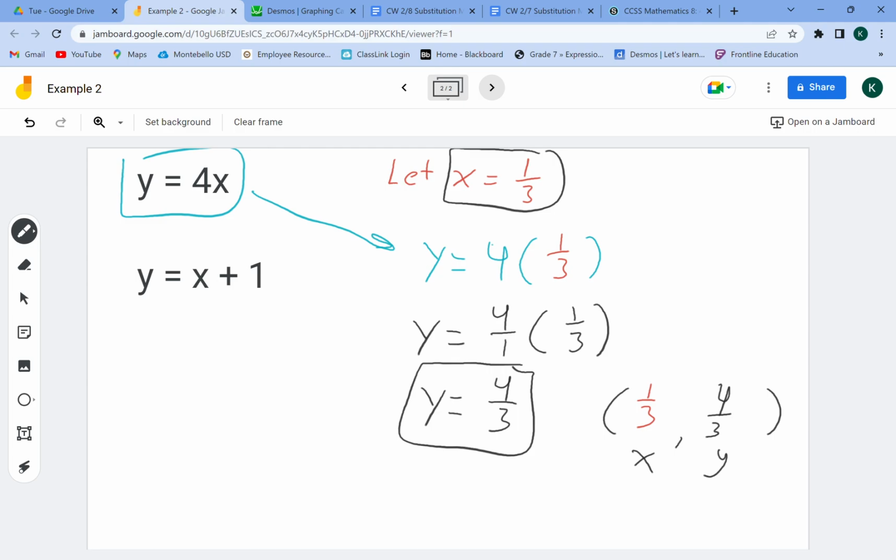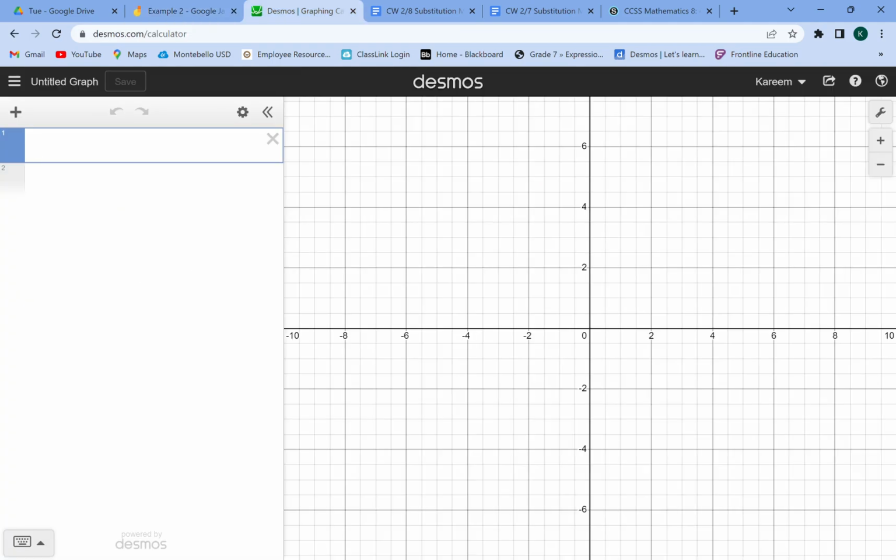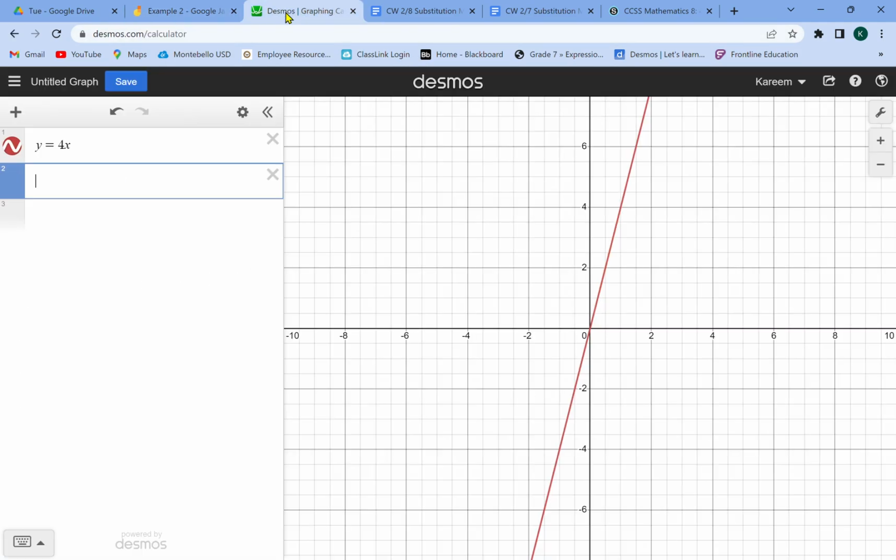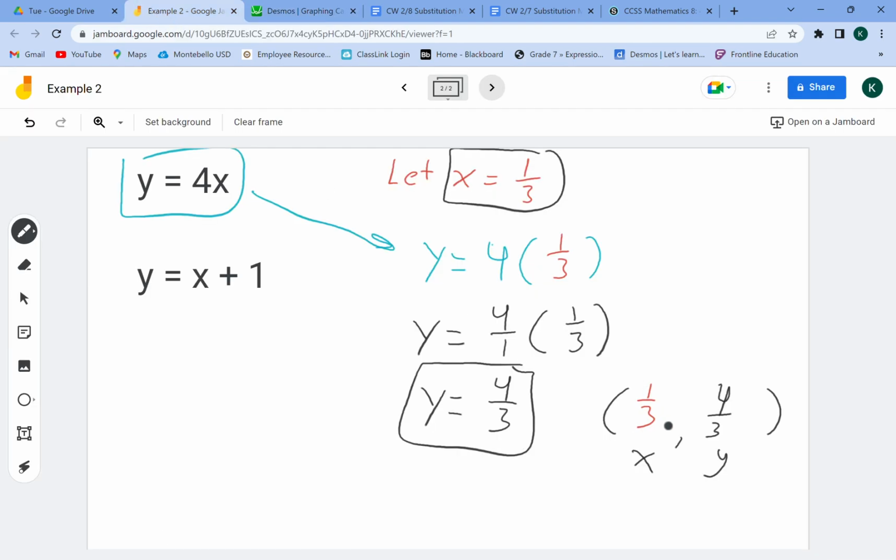Now what I'm going to do is check if my answer is correct. I'm going to click here to decimals, and I'm going to write y equals 4x. You see the line there. And then I have y equals x plus 1. If we check, we notice it has decimals here, and it's not the same as the fraction.